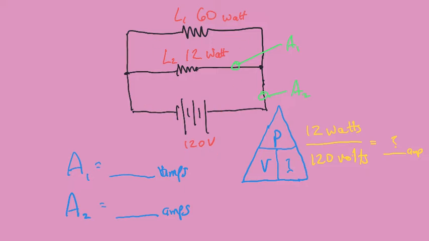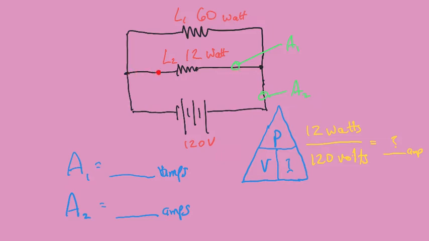So with that, we have voltage, okay? We know that it's 12 watts, so I can plug in the 12 watts, divide by the 120 volts, and you will get a decimal number.